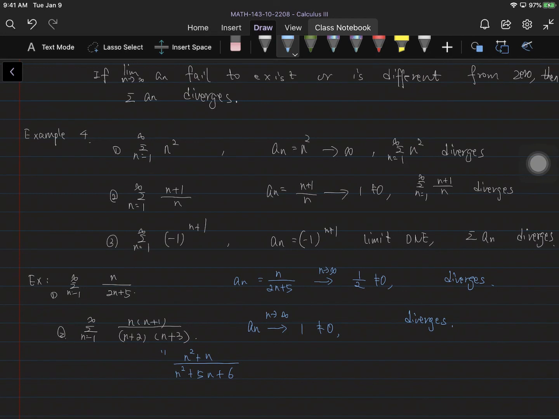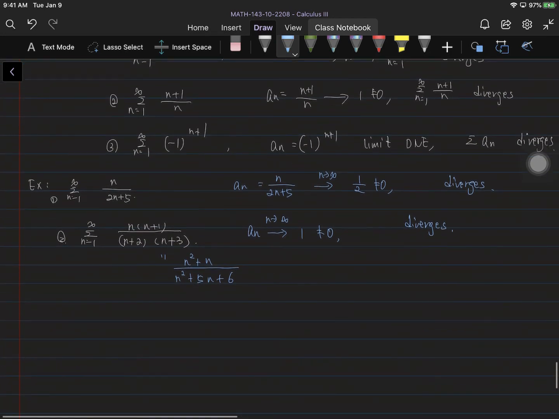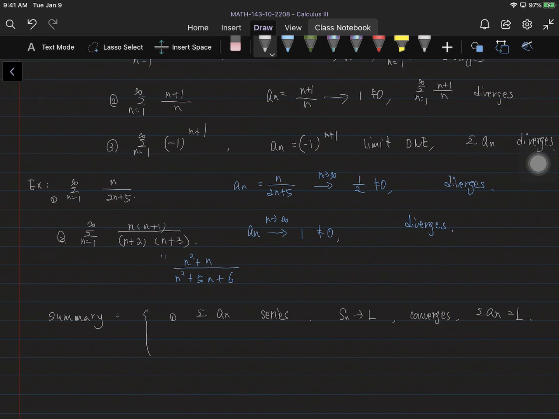Let's see, I'm going to give you a summary for this series section. So the summary for this section, we learned the definition for the sum of an. This is called a series. And then we know when it diverges and when it converges: when the Sn goes to a number, we say this converges, and the sum of the series is just the limit, right?